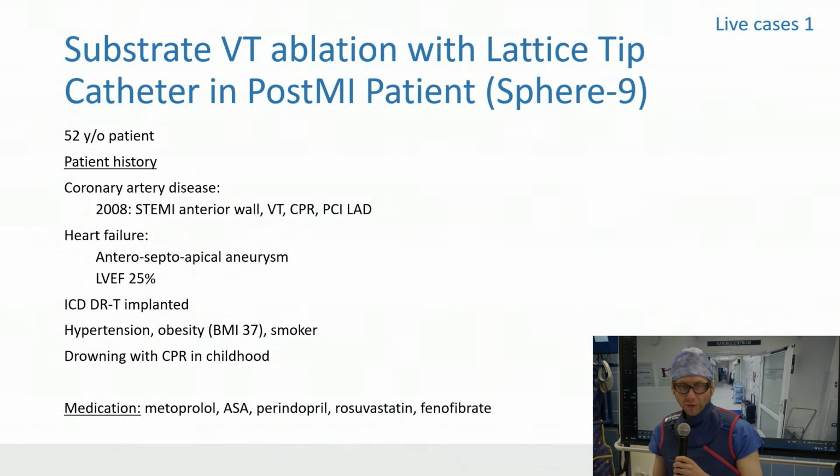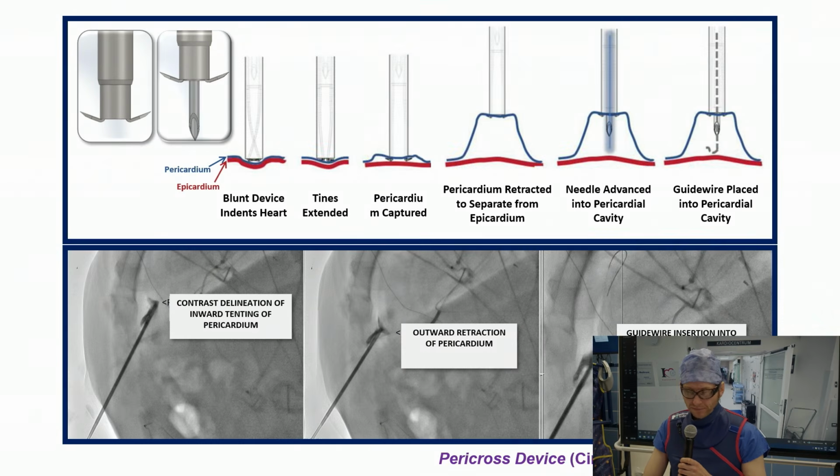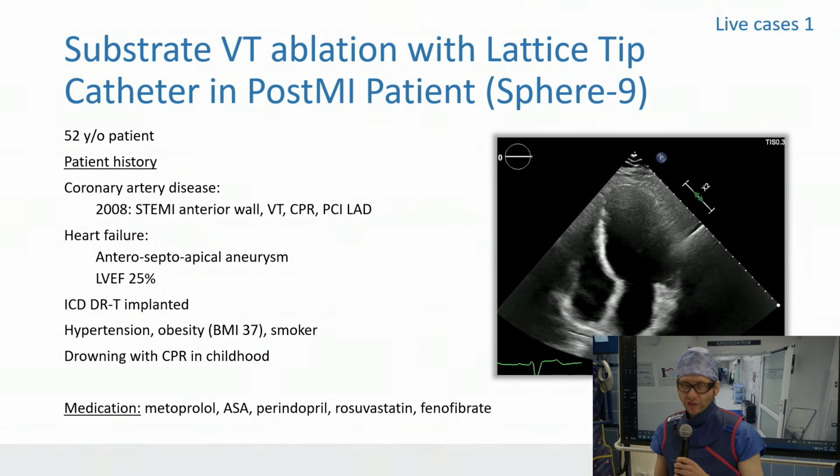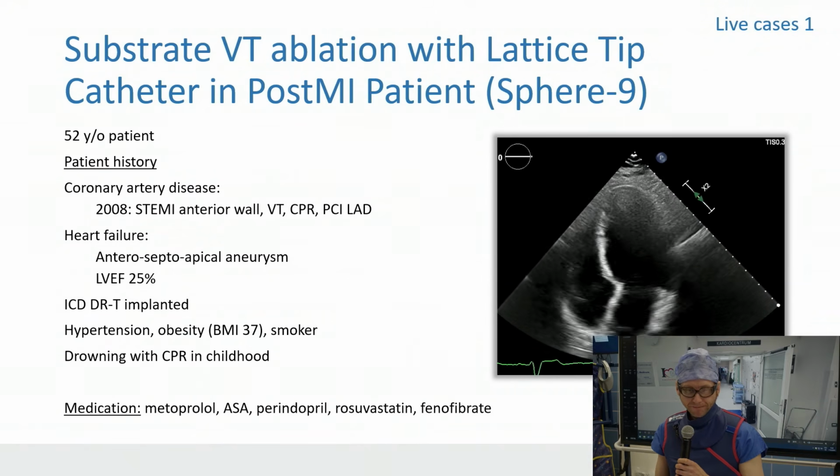The patient is a 52-year-old patient. He has a history of coronary artery disease. He had a STEMI in 2008, which was complicated with ventricular tachycardia, required CPR, and the culprit lesion was in the LAD, which was treated with one stent. The patient has heart failure with low ejection fraction, about 25%.